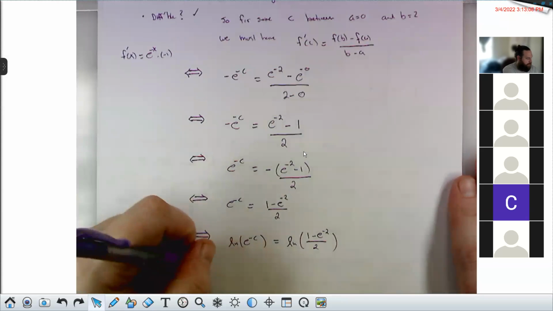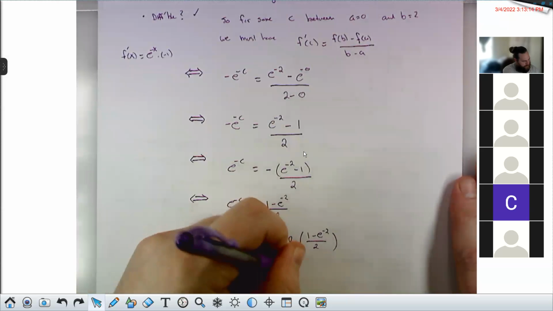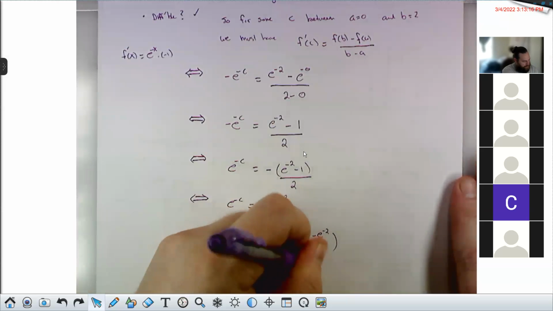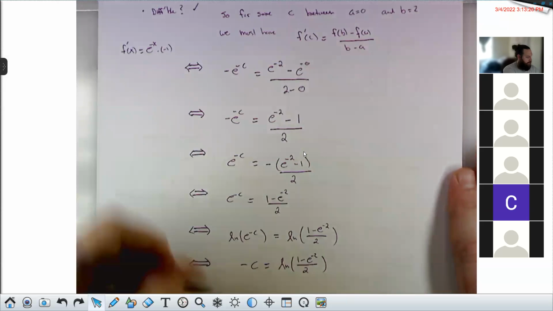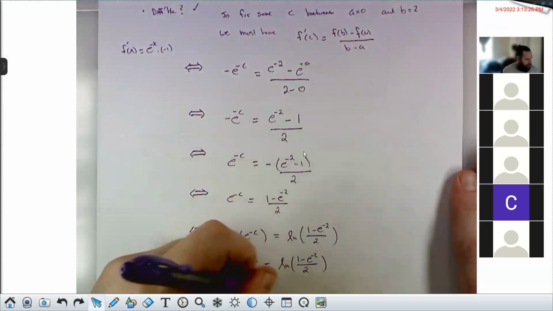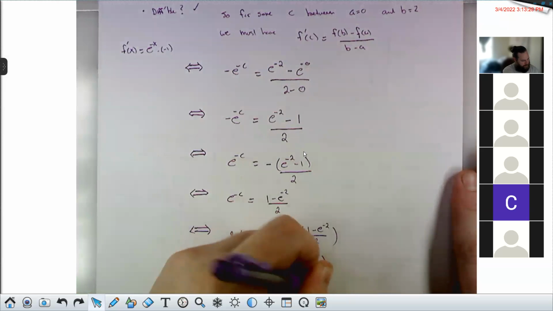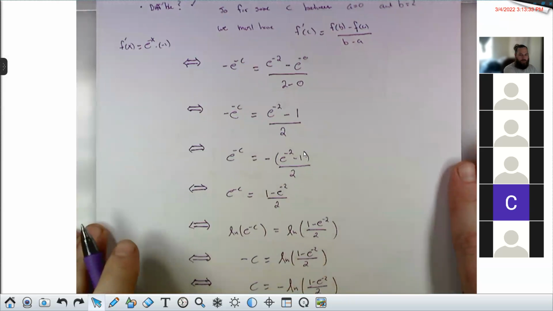The natural log of e to some power is always just that power. So this is c equals ln of 1 minus e to the negative 2 over 2. And then finally, get rid of that negative. c is the negative natural log of 1 minus e to the negative 2 over 2. And that's it.